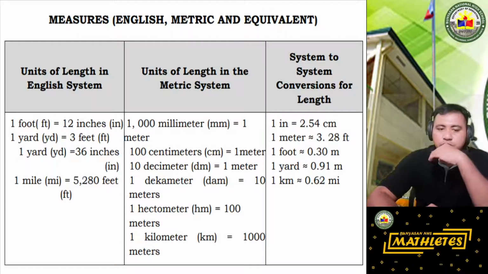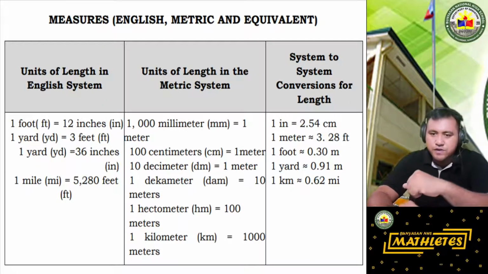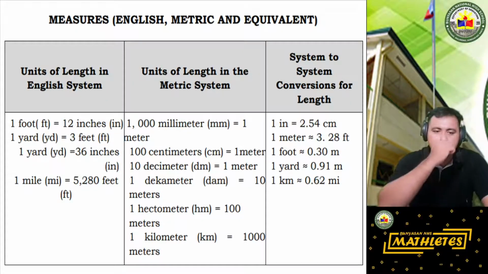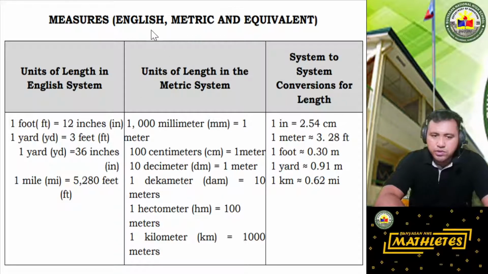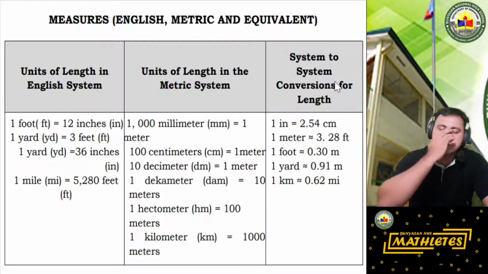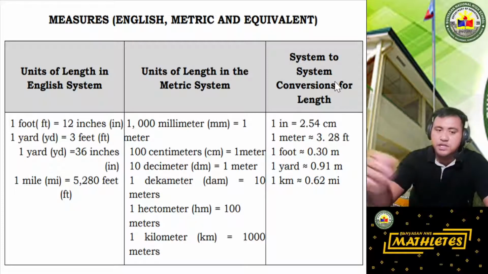Okay, so we have this table of conversion. The first column is what we call the English system, and the second column is the metric. The third column is the conversion from system to system.